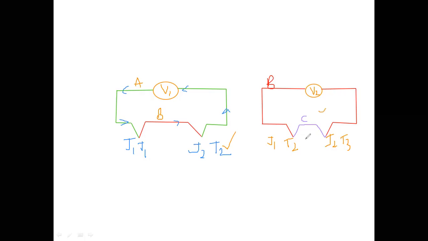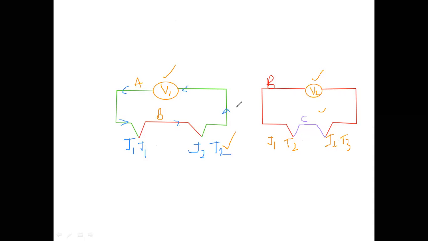For this one, I'm maintaining junction J1 at temperature T2 and junction J2 at temperature T3. Now, let us suppose V1 is the voltage due to the temperature difference between T2 and T1. And here I'm getting voltage V2, which is due to the temperature difference between T3 and T2.